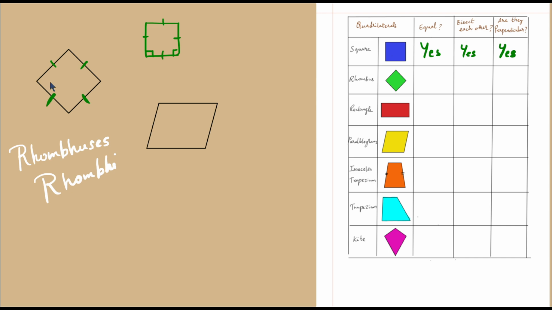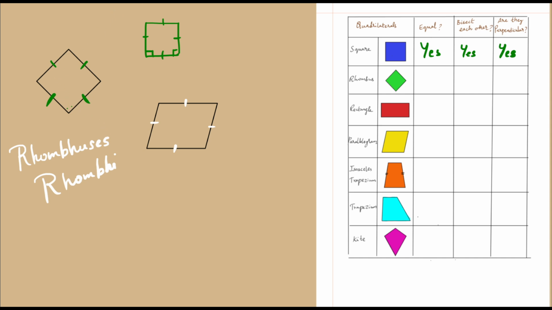In a rhombus only the sides are equal. These angles are not 90 degrees. In fact, this figure looks inappropriate now. So this would be the best representation of a rhombus. All sides are equal and the angles are not equal to 90 degrees, unlike a square.